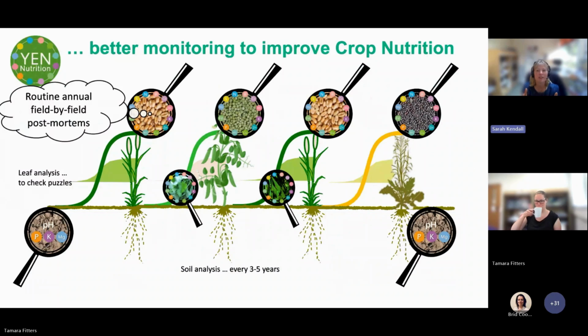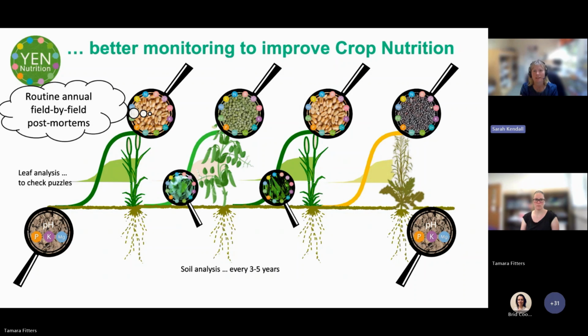And I just want to put this into some context. So obviously, for many years, we've largely relied on using soil analysis, and this being done every 3 to 5 years to measure P, K, and magnesium levels in the soil, and also measure pH. And we can add to that soil analysis data set with leaf analysis.